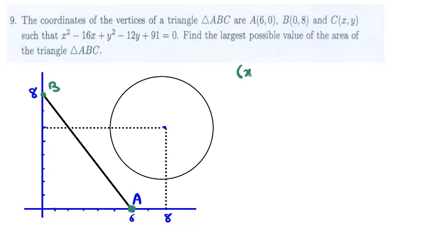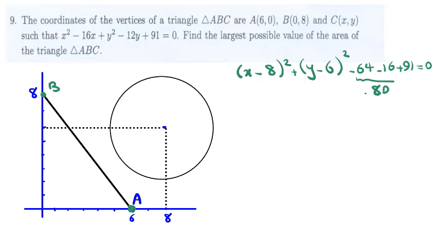You can write x minus 8 squared, plus y minus 6 squared, plus 64, it will be minus 64 plus 16 minus 16 plus 91 equals 0. It will be 70, 80, negative 80, and here, sorry, it's 36. 6 squared, 36, so it will be negative 100.